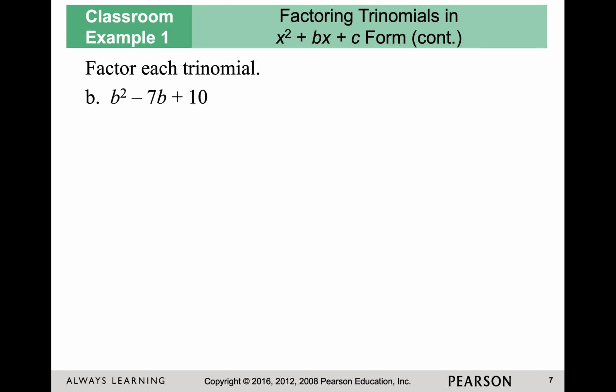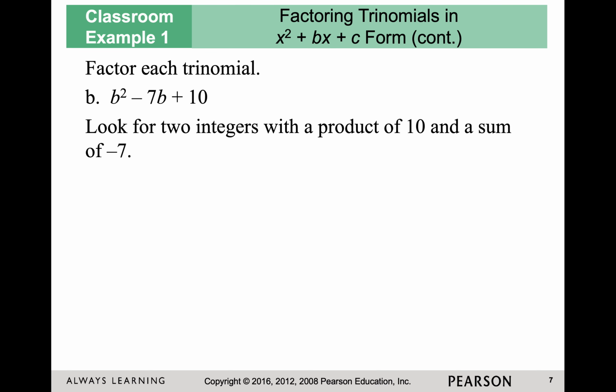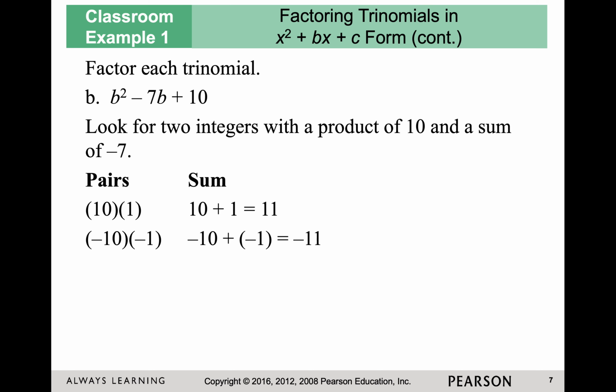Now I have b squared minus 7b plus 10. The last symbol being a positive behind 10 means that both of my factor terms are going to need to be negative, or they're both going to need to be positive. Because I have that negative 7b, they're probably going to have to be negative. So I'm going to look at the factors of 10 that add to be negative 7. Well, 10 and 1 doesn't work.